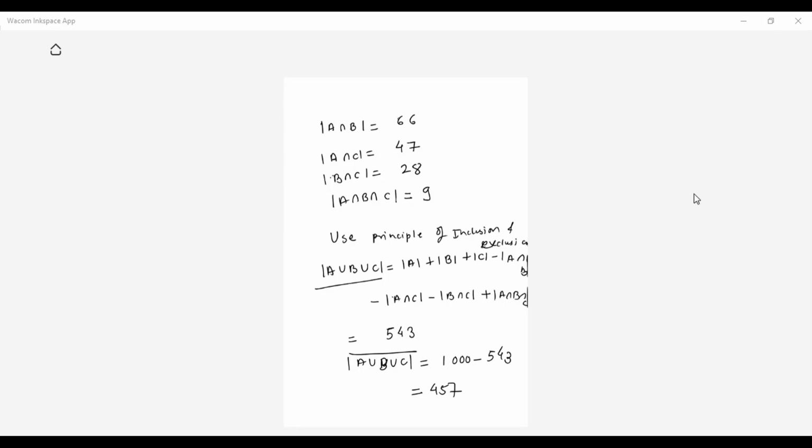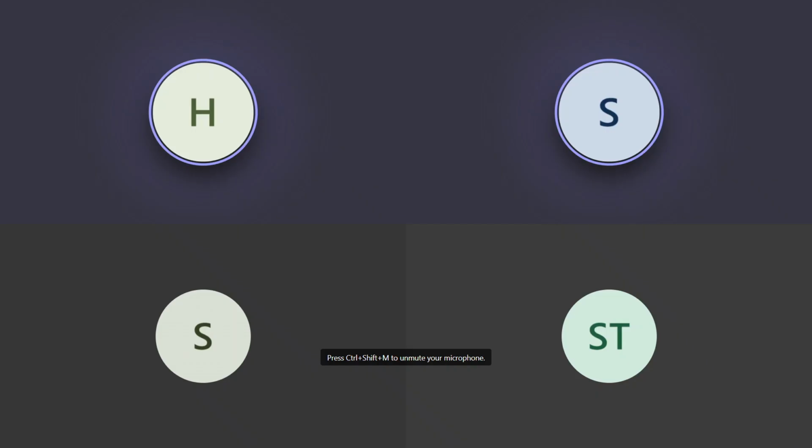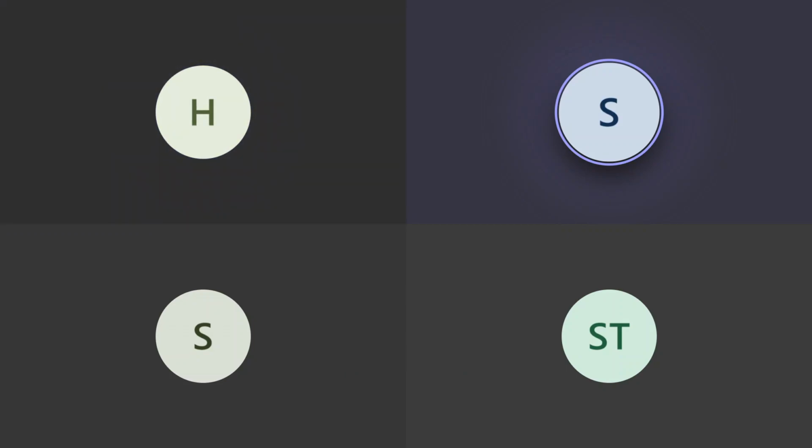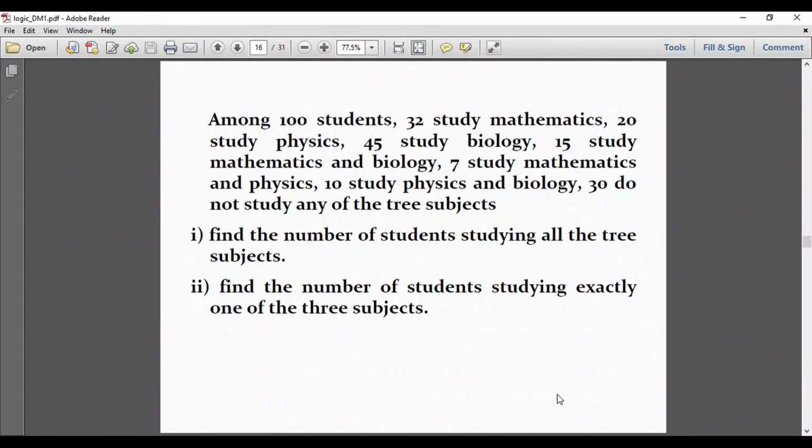Now I'll show you the another window. Whether you are able to see, student? Yes. Okay. Now see this problem, student.